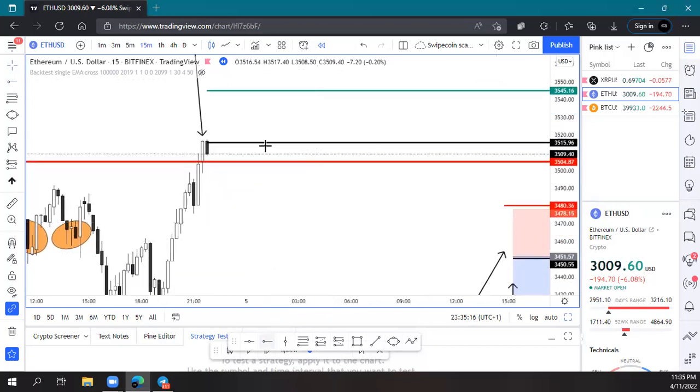So now my stop loss is actually minus 30. 3515 minus 30. Who can help me out with that? I think that's 3485. Right, 3485. That should be it. Has anyone done a calculation?